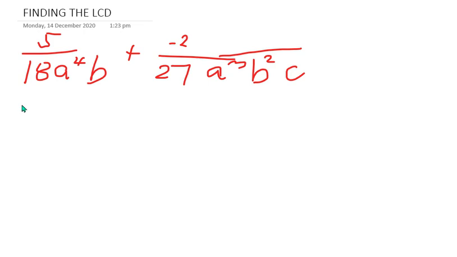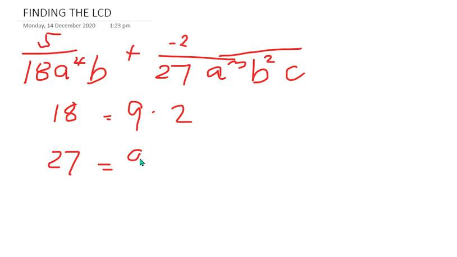Now, to get the LCD, you're going to get the factor of the coefficients. Okay? So, this is the shortcut. You just get the greatest common factor. 18 is 9 times 2.